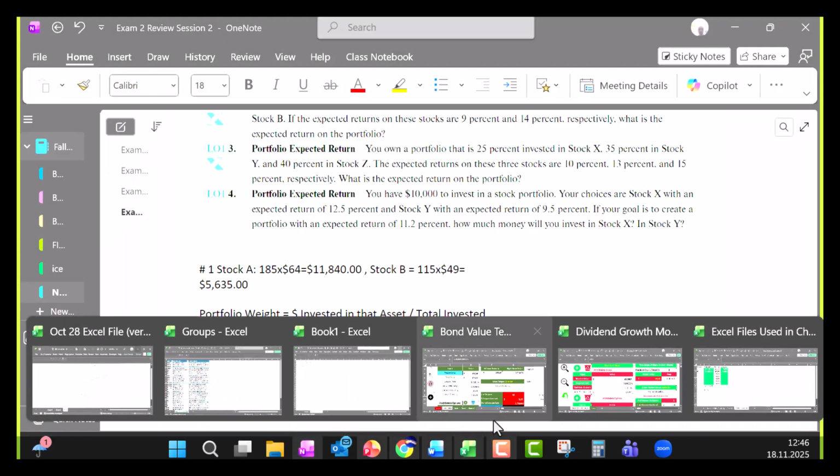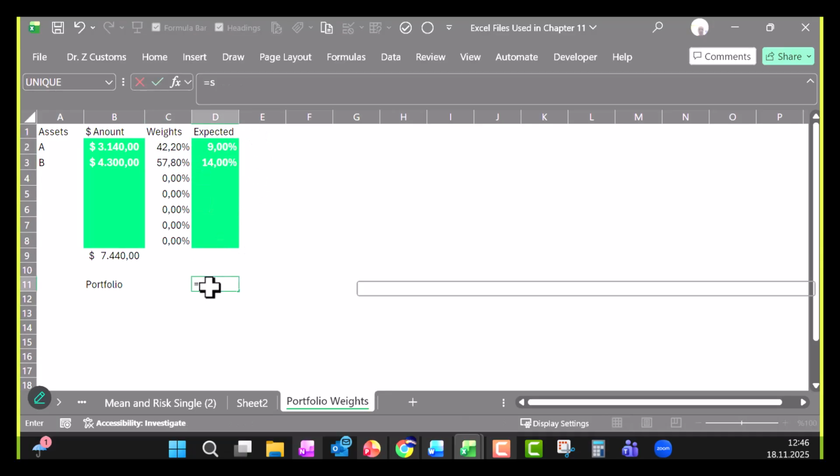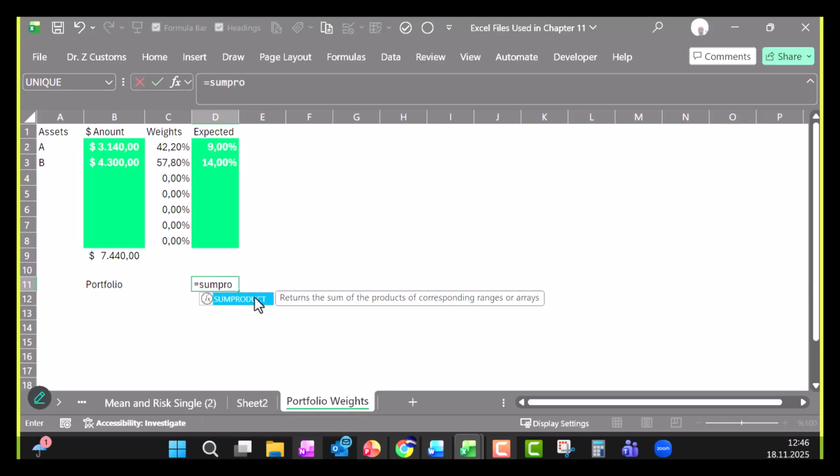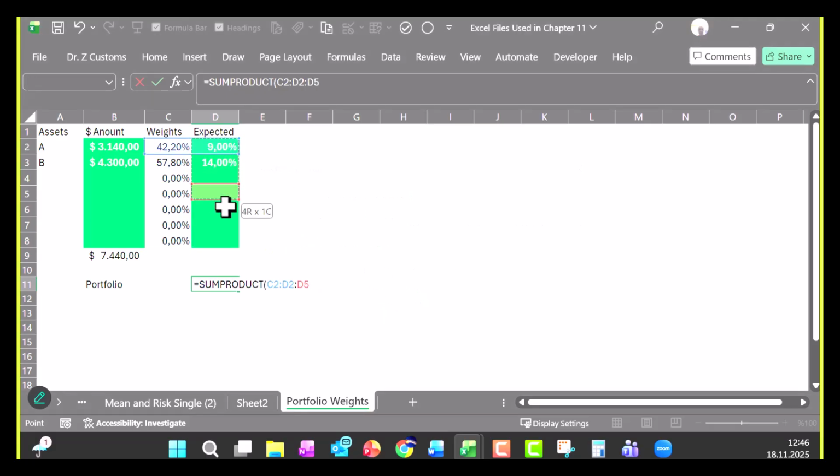Which means I'll do it both ways, but we know the weights. The expected return of the portfolio is simply the sum product of the weights and expected returns.